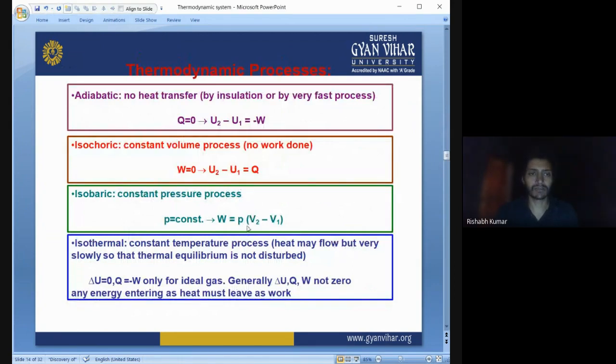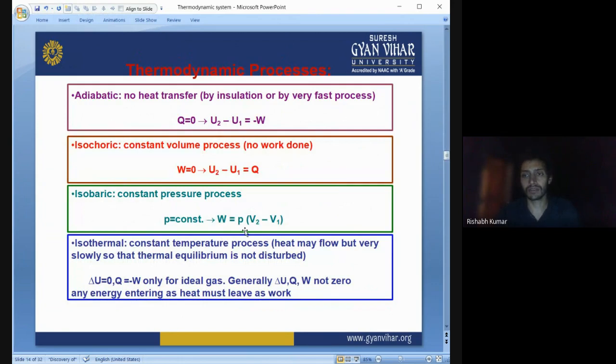Whereas in isothermal processes, what happens? Delta T is going to be zero, because isothermal means that temperature is going to be the same, right? So in constant temperature processes, your delta T is going to be zero.